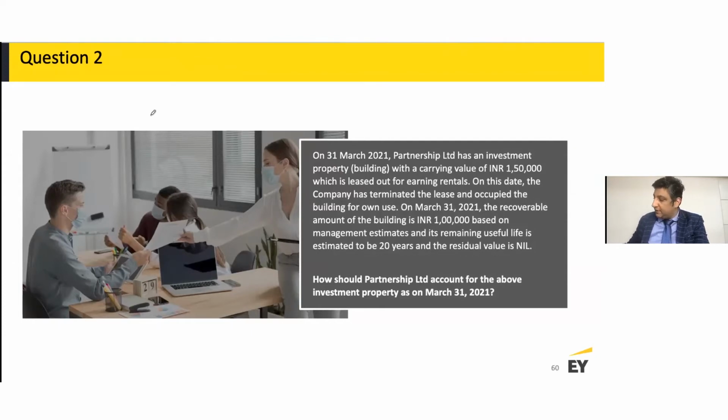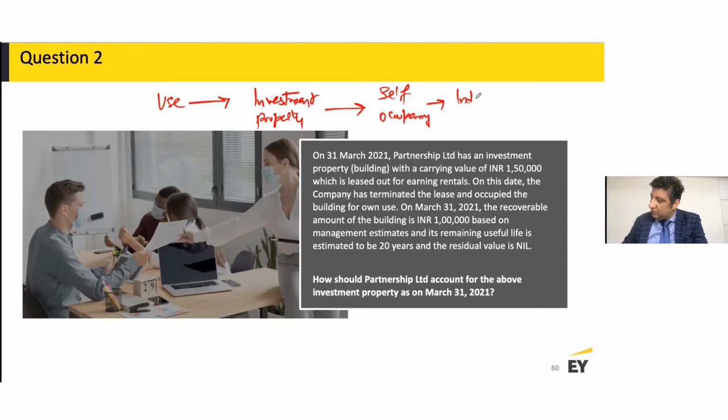Now, what you need to remember here is that the use has changed, has converted from the investment property to self occupancy, which means that we are talking about Ind AS 16, that is property, plant, and equipment.